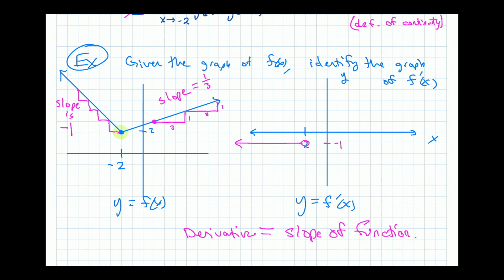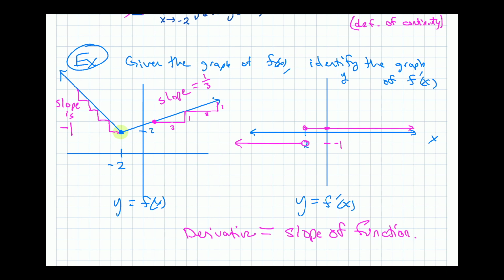So that means you come up here to 1/3, which kind of looks like a half there, but 1/3. And that's your slope. I mean, if I could draw it a little better. It's hard to draw 1/3.